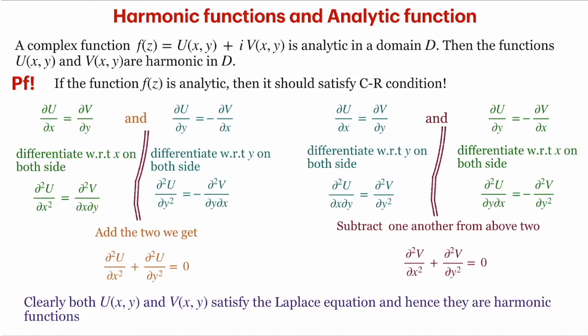So it is an extremely useful property if you are looking for more and more solutions to the Laplace equation. All you have to do is find a complex function which is analytic in the given domain or the complex plane itself.